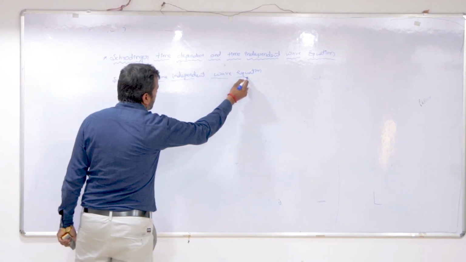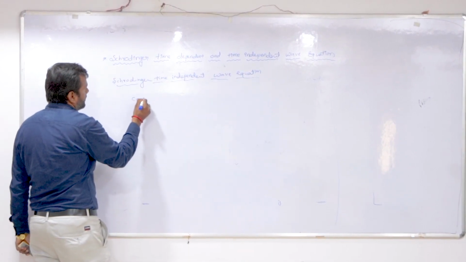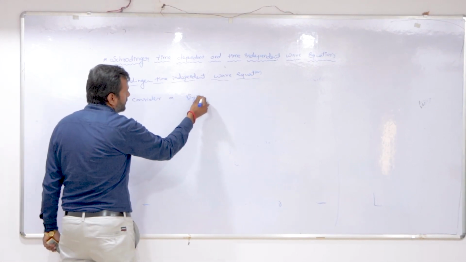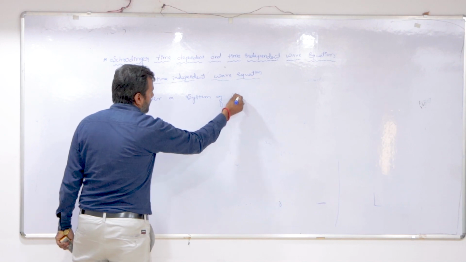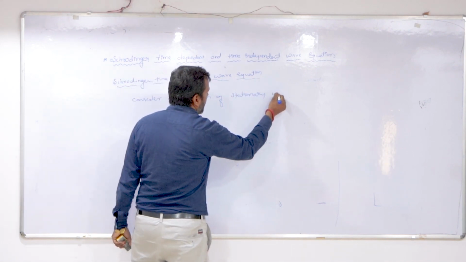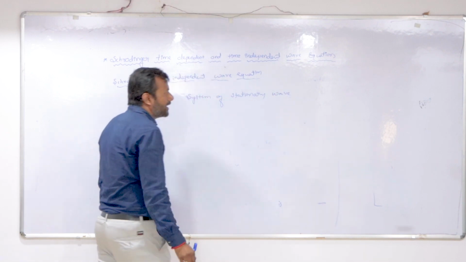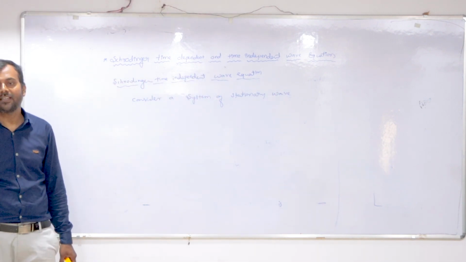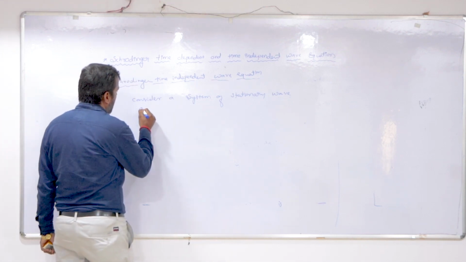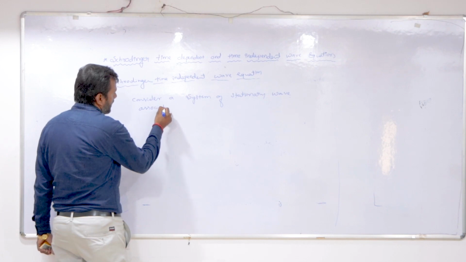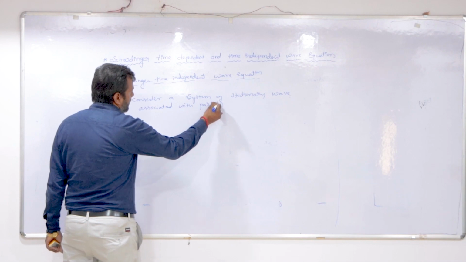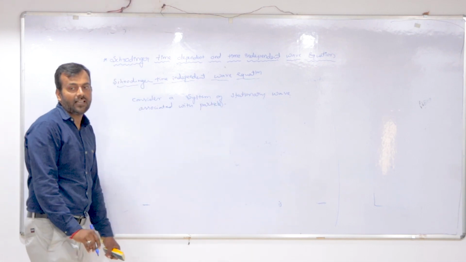So we will consider a system of stationary wave. If a wave is there, according to the de Broglie hypothesis, it has a particle. So a stationary wave is associated compulsorily with a particle.